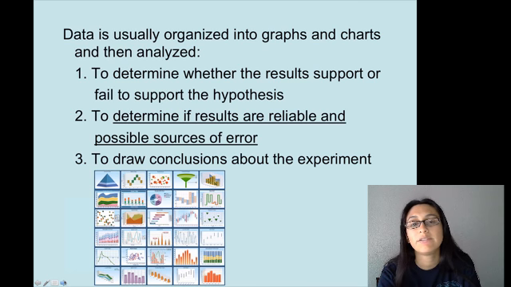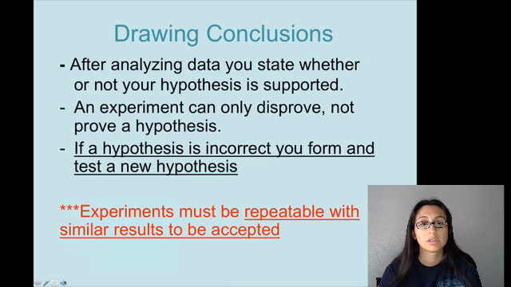It helps you see if your results are reliable or if there's been possible errors in your experiment. And then finally, looking at those graphs and charts, it helps you form a conclusion for your experiment. So it's really good. It's a good visual way. It's what our human brain actually likes, to actually see these trends and patterns in these graphs and charts.